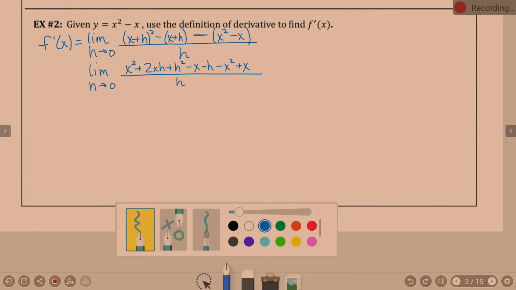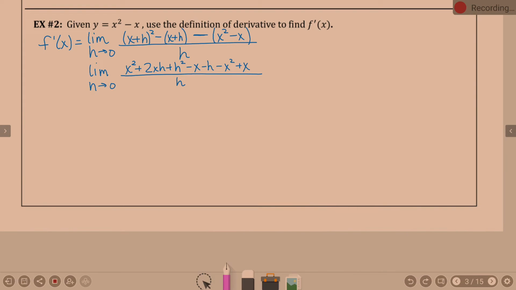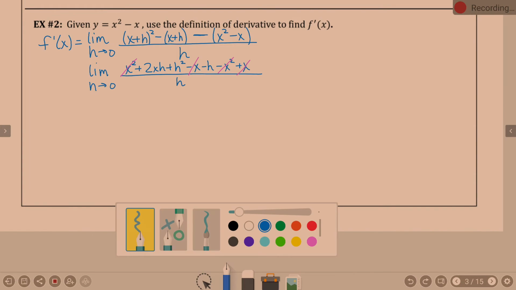Sorry, I dropped off talking because I thought, you know what, you guys can do this too, right? I'm convinced that I can just factor in my sleep. x squared and x squared are gone. Let's be realistic. Minus x plus x are gone.